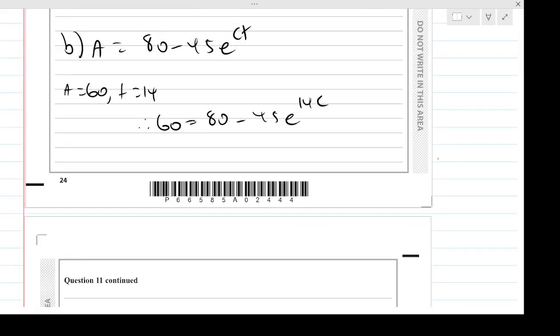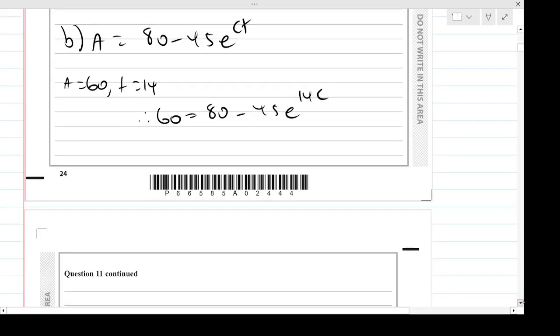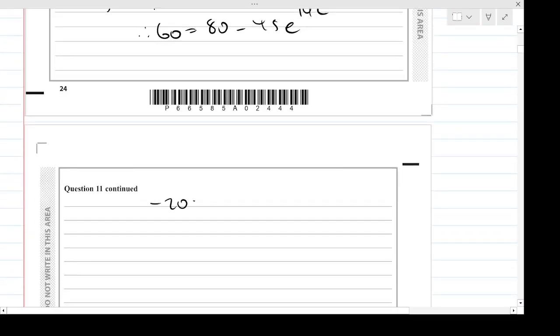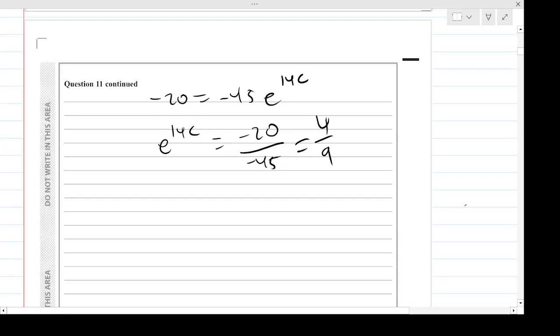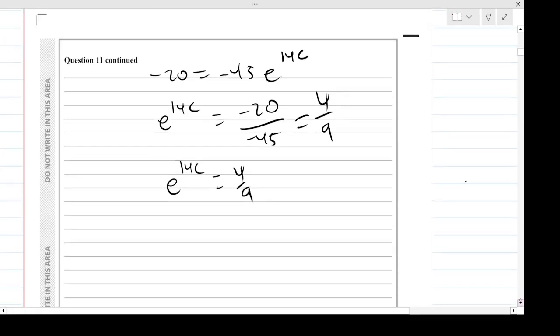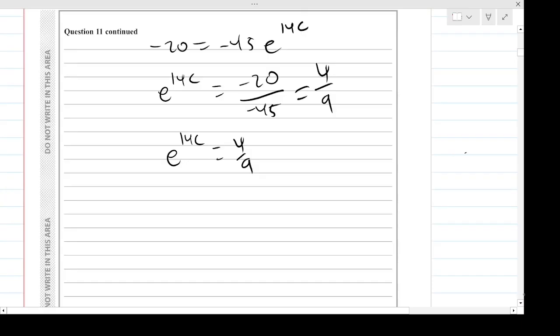If I then subtract 80 from this, I get minus 20 is minus 45 e to the 14c. So then e to the 14c is minus 20 divided by minus 45, which is 4/9. So now I've got to solve e to the 14c equals 4/9. What I can do here is take logs of both sides, take ln.